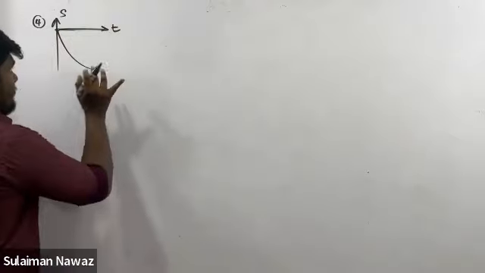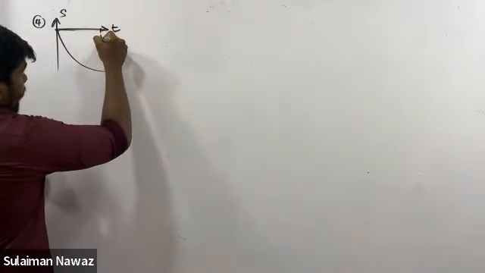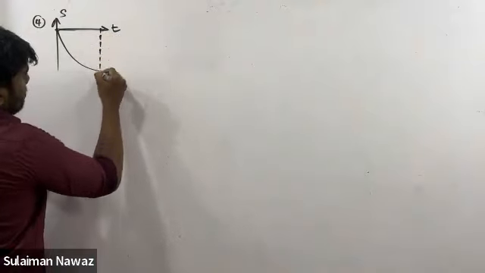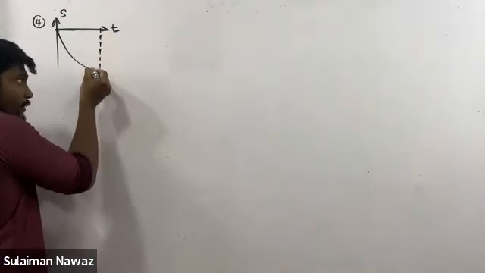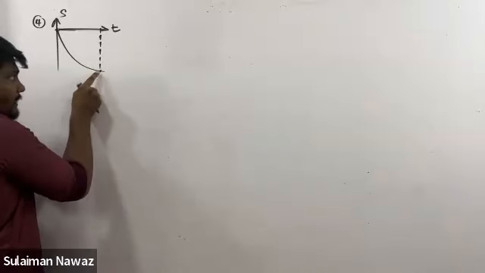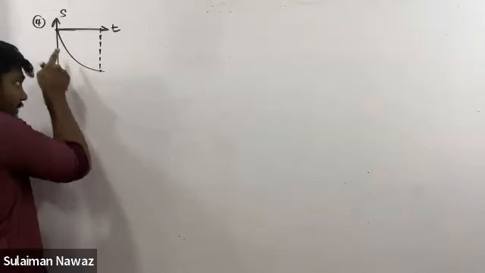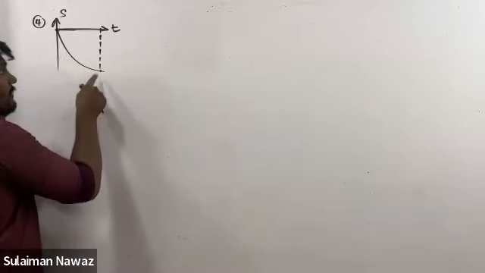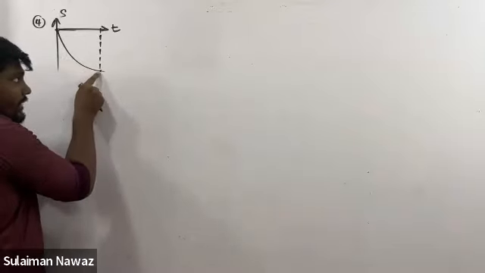But when we consider this final point, this final point is not horizontal, understand? The point where the graph ends, it's not horizontal. So still there is some kind of inclination, okay?